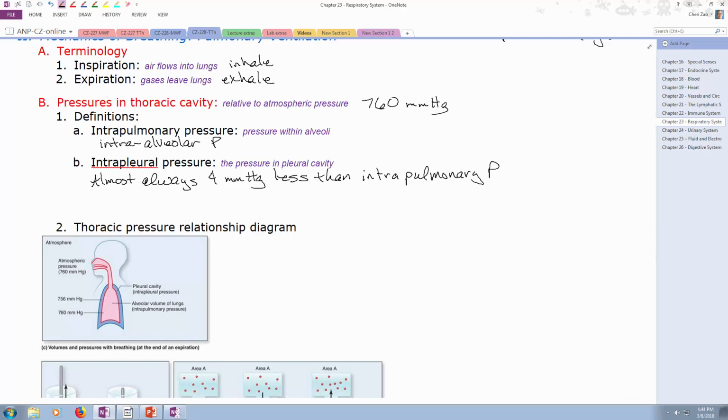So if a pressure is less in one area than another area, it's almost acting like a suction to that wall. So it's a very important part of keeping our lungs inflated.